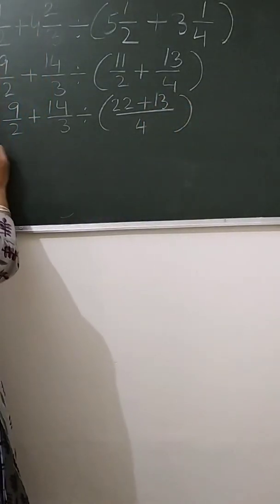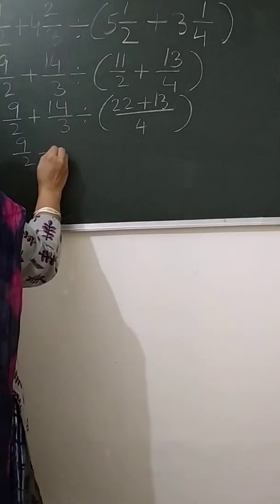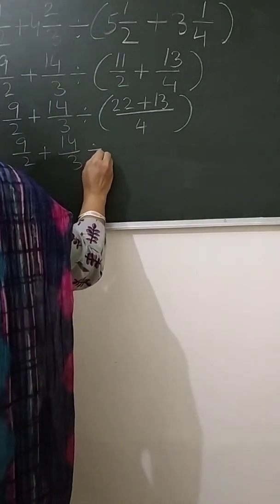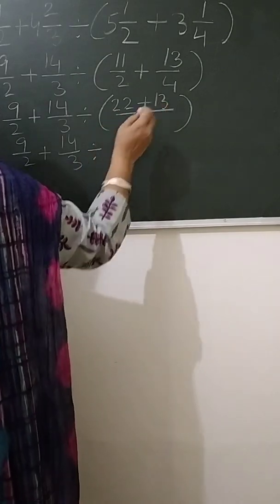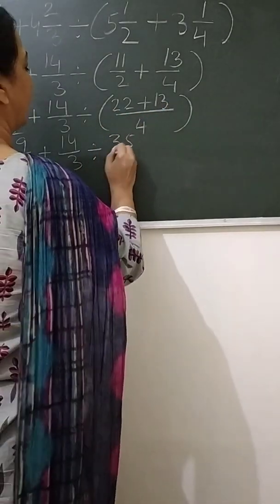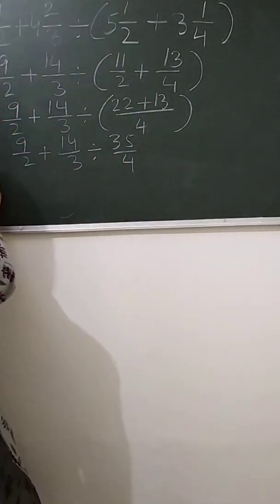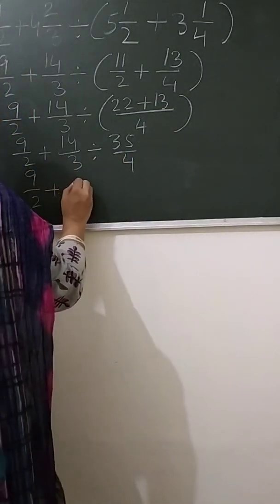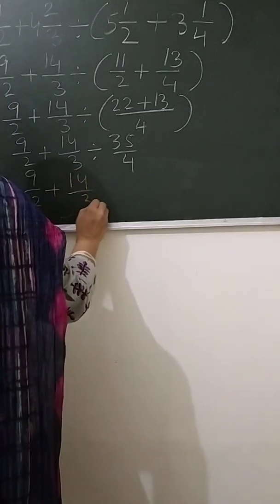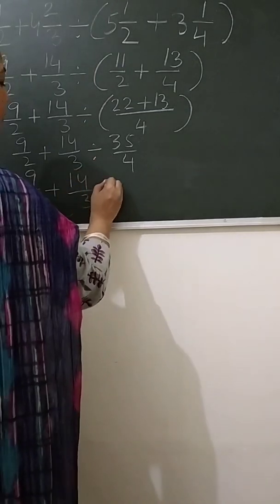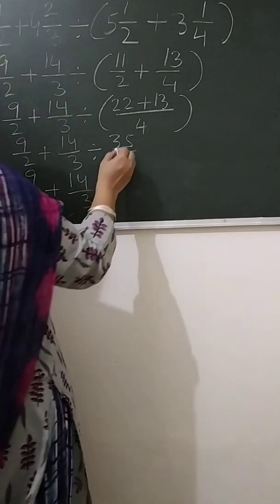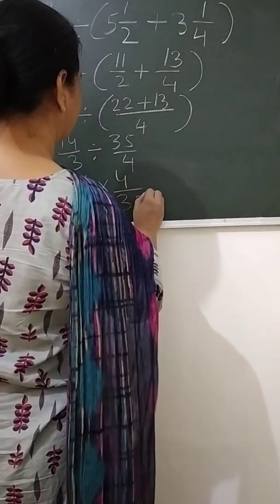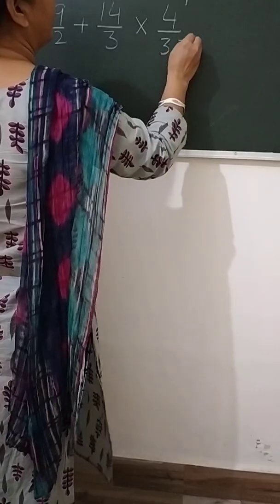So this is 9 over 2 plus 14 by 3 divided by 22 plus 13, 35 by 4. So this is 9 by 2 plus 14 by 3. In place of division, we will put the sign of multiply, and in place of 35 by 4, this will be 4 by 35.